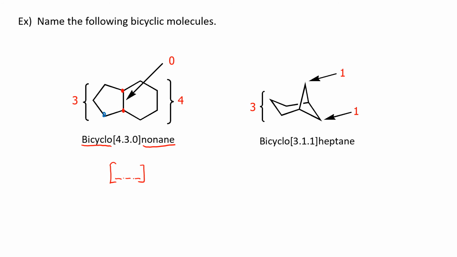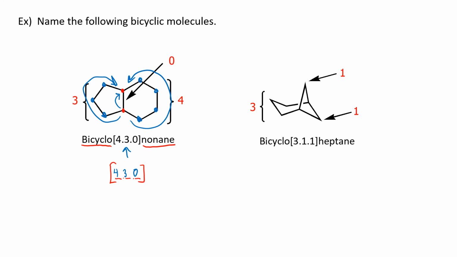So we have 1, 2, 3 carbons in this path connecting the bridgeheads. 1, 2, 3, 4 going around that way. And the path that directly connects them here has 0 carbons. So if we list them in descending order, it's 4, 3, 0. So we get bicyclo 4, 3, 0 nonane.